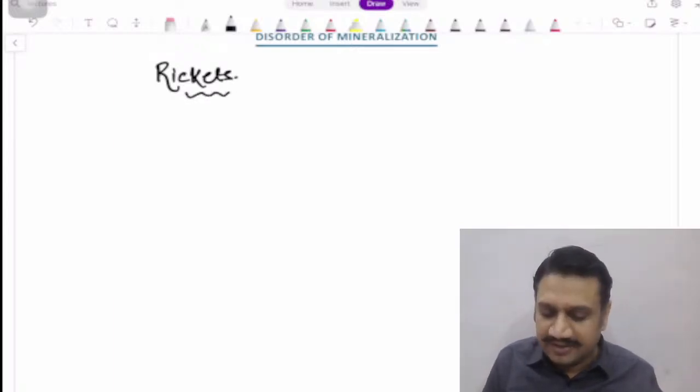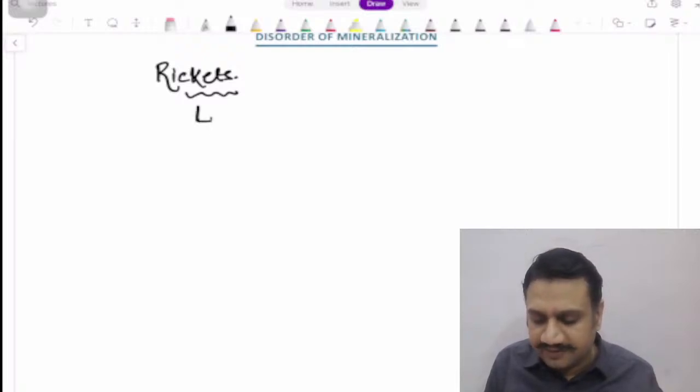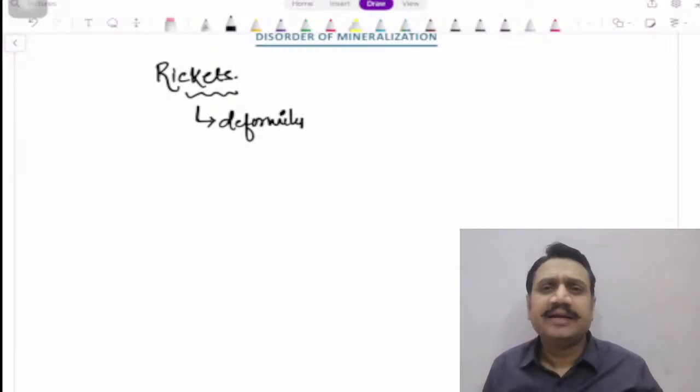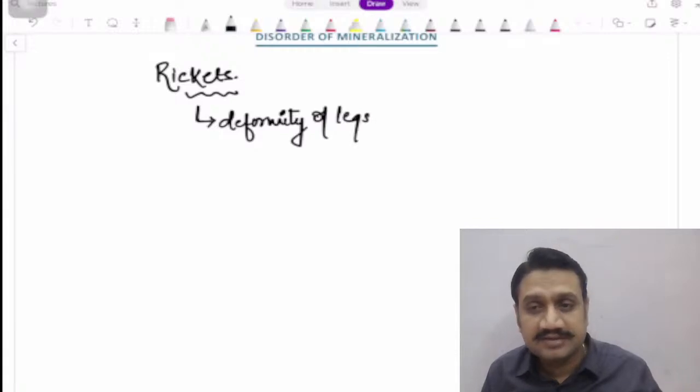They can have genu varus, or they can have genu valgus. Genu varus is usually seen in the smaller kids, infants, because this is how the child is born. And valgus is seen in somewhat grown-up kids, usually 4, 5, 6, 7 years of age, right?